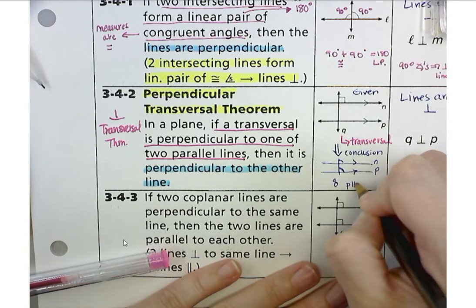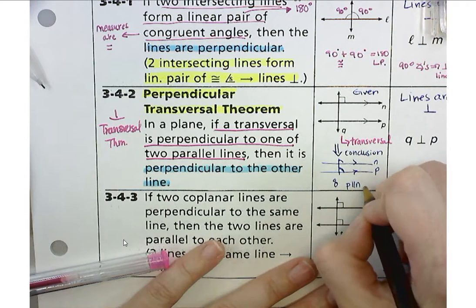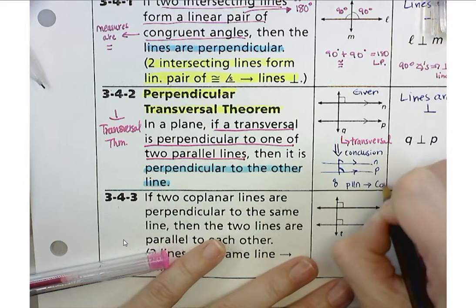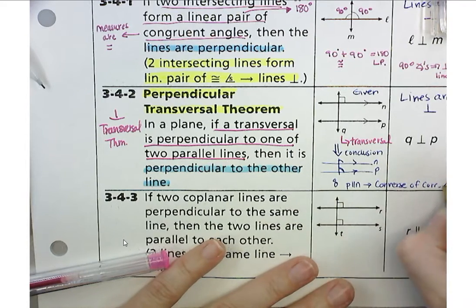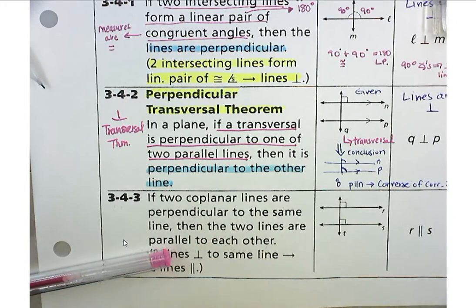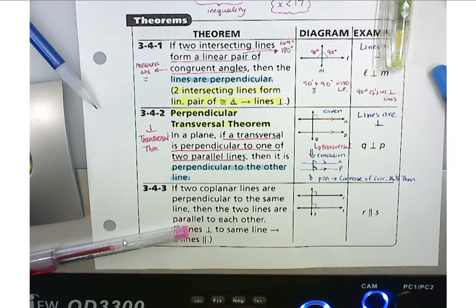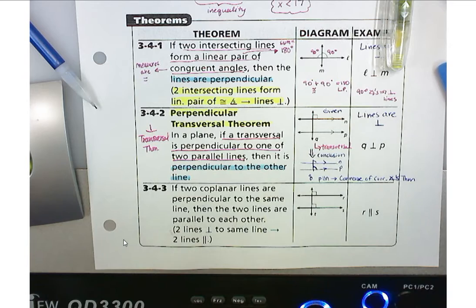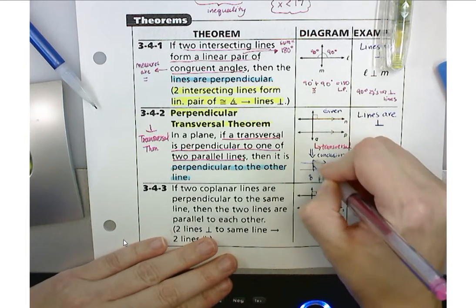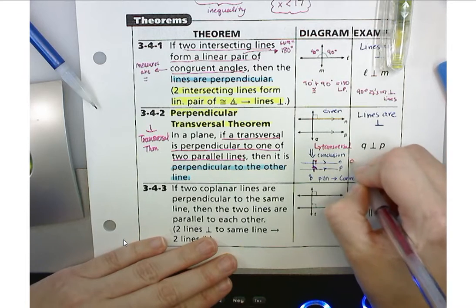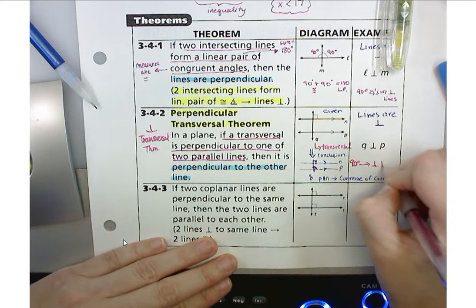What is it? It's not the corresponding angles postulate. What is it? Yeah. Yep, so the converse of corresponding angles theorem. Okay, so that could be something else that you could use. Okay, and in this case, because they are 90 degrees, you have 90 degrees here, you'll have 90 degrees there. 90-degree angles are going to give you perpendicular lines.